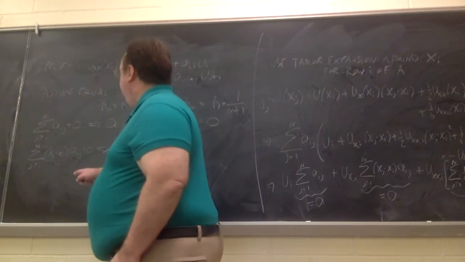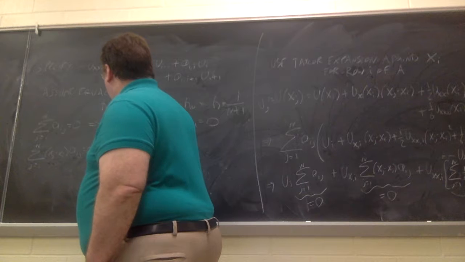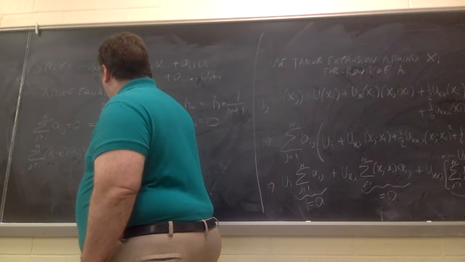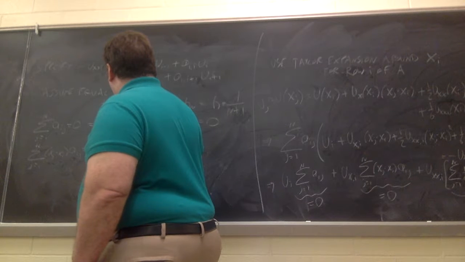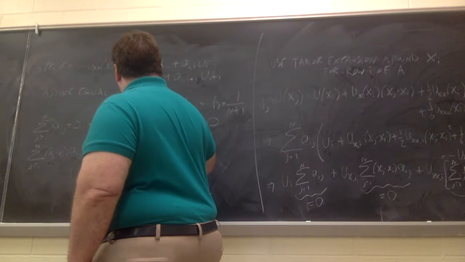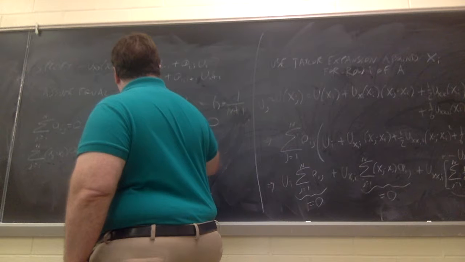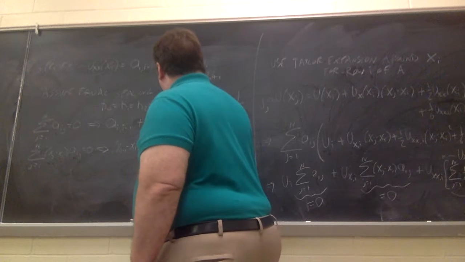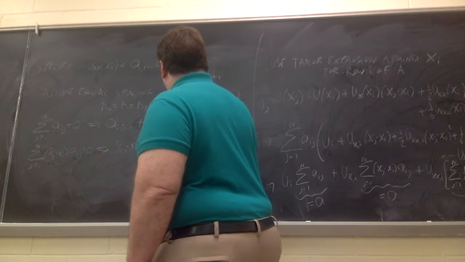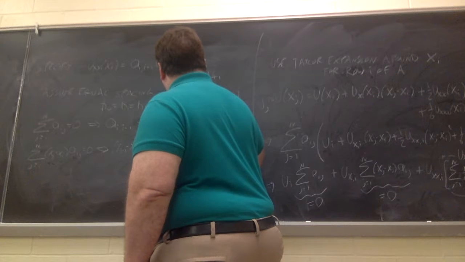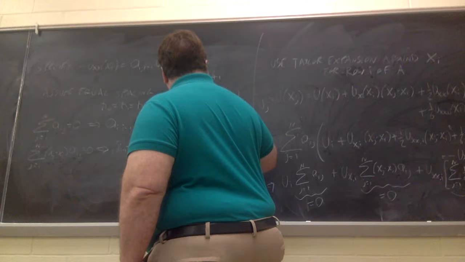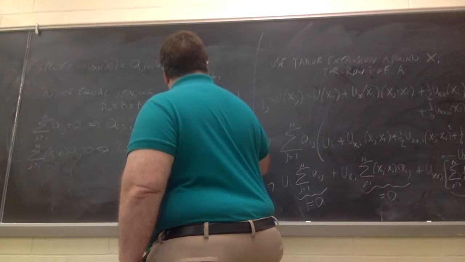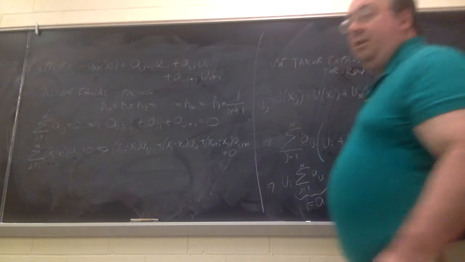So what I'm going to have is xi minus 1 minus xi, times ai i minus 1, plus xi minus xi, times aii, plus xi plus 1 minus xi, times ai i plus 1, is 0.